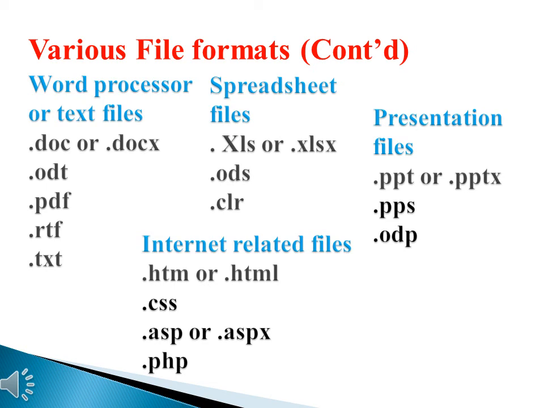If you are working with spreadsheet files, then our extension or file format may be .xls or .xlsx or .ods or .csv. If you are working with presentation files, then the extension or file format may be .ppt, .pptx, .pps or .odp.